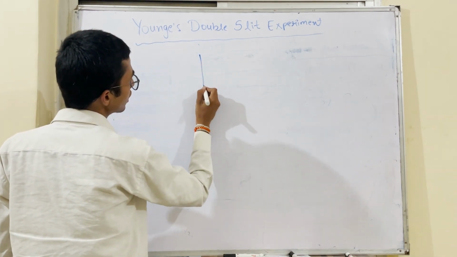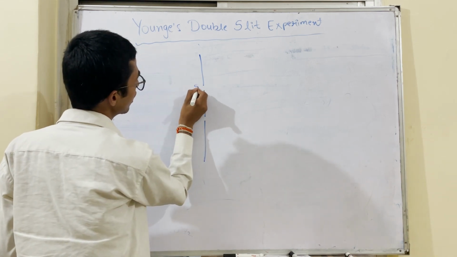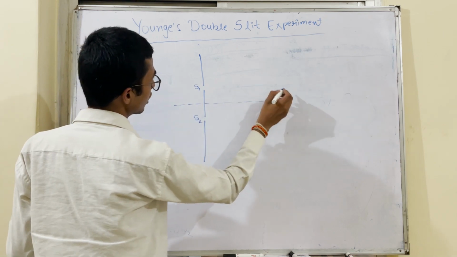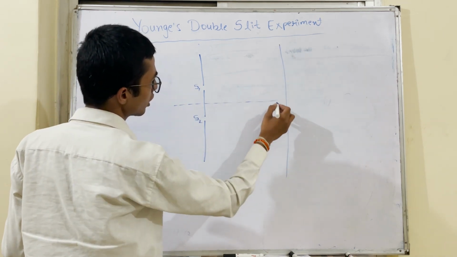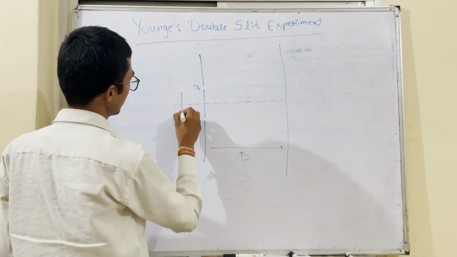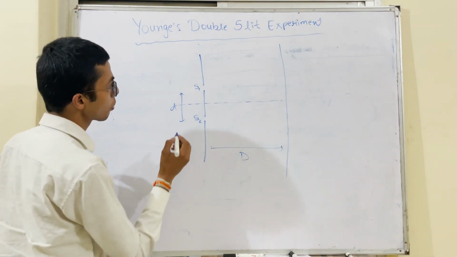Okay, this is the slit, S1, S2. This is the screen. This distance I am calling capital D. This distance is small d, the slit distance, slit gap.